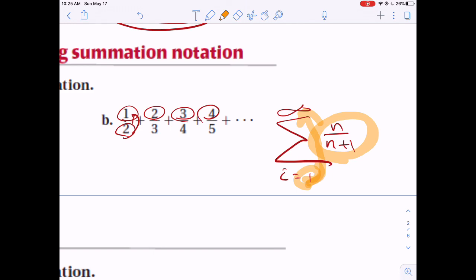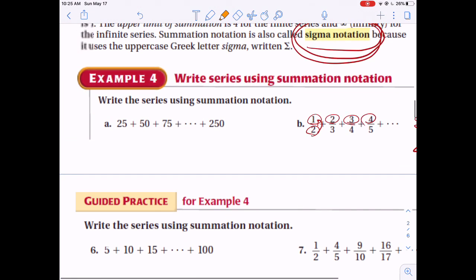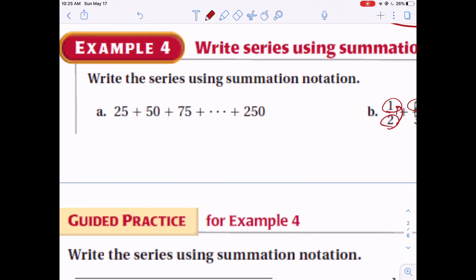Okay? Let's try this one out. I think I can figure this out quick enough. So again, my sigma, I'm going to call this 1, 2, and 3. Now, I don't know where it goes, but this is the last number here. It does end.